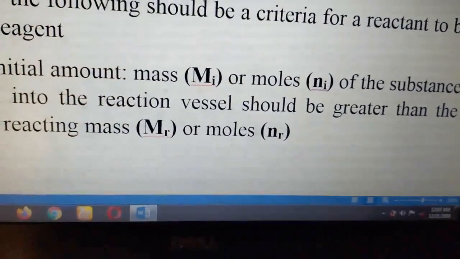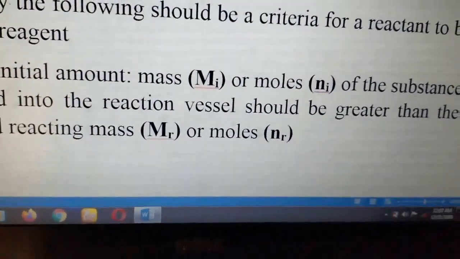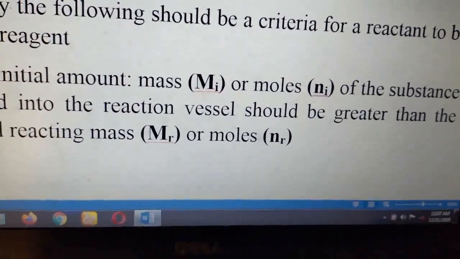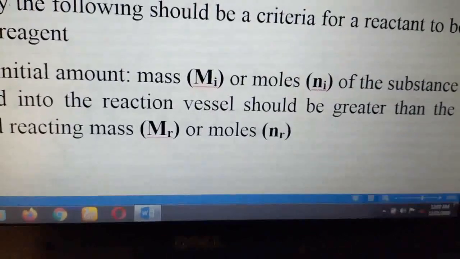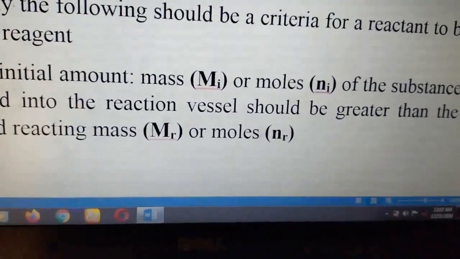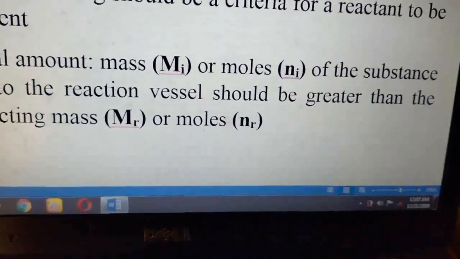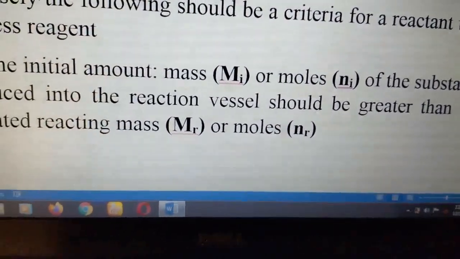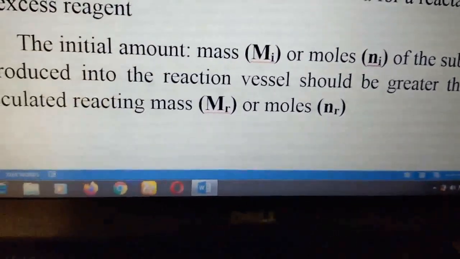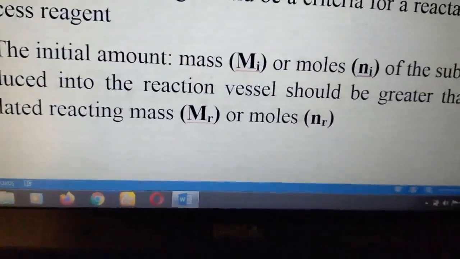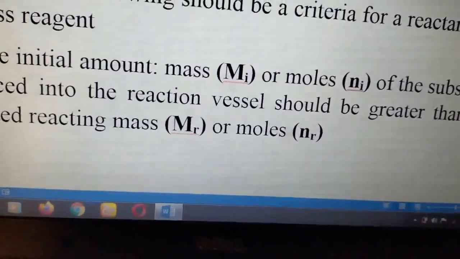So for a substance to be in excess, let's assume that I introduce 70 grams of a substance into the reaction vessel and perhaps only 50 grams is required for the reaction. So the leftover becomes 70 minus 50, that is 20 grams. So if the initial mass or mole introduced is more than what you expect to react, that means the substance is now in excess.